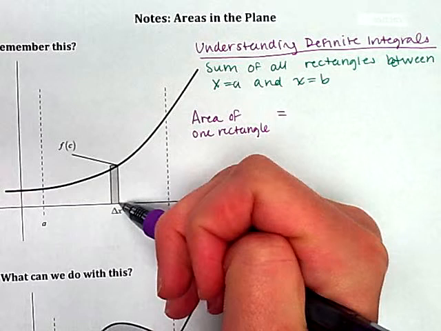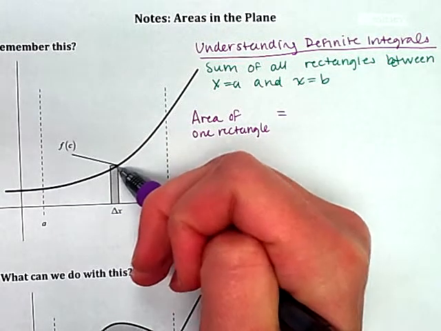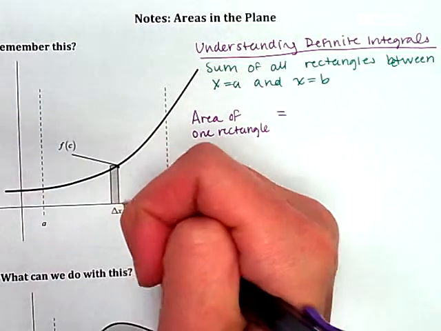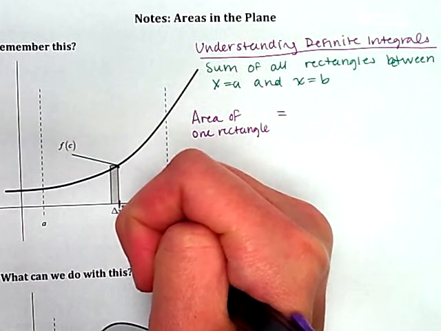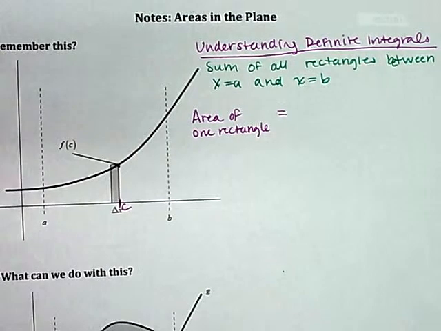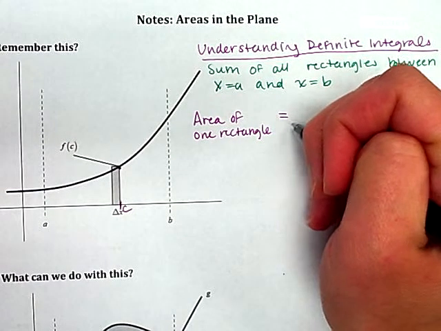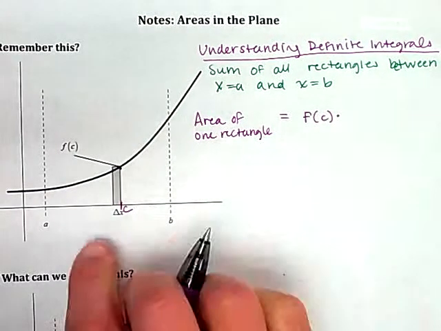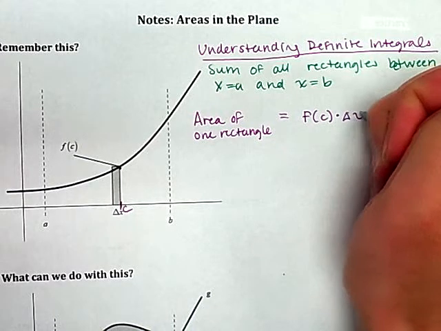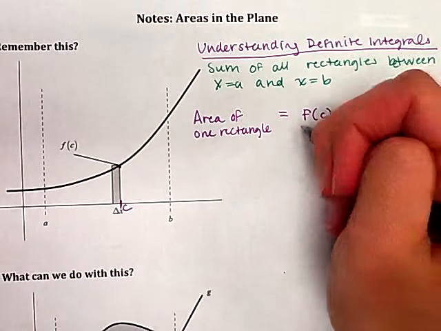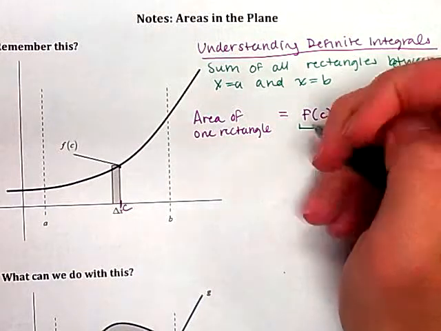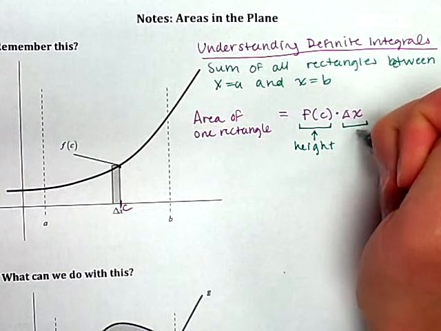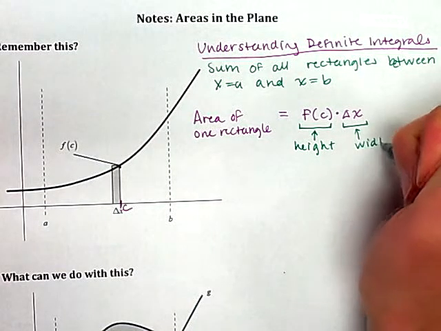The height of this one rectangle is exactly the function value at this point C. We're saying C because we're assuming there's some x value right here that we're calling C. So it would be f of C times the width of the rectangle, which we're calling delta x. So f of C represents the height of the rectangle, and delta x represents the width of one rectangle.